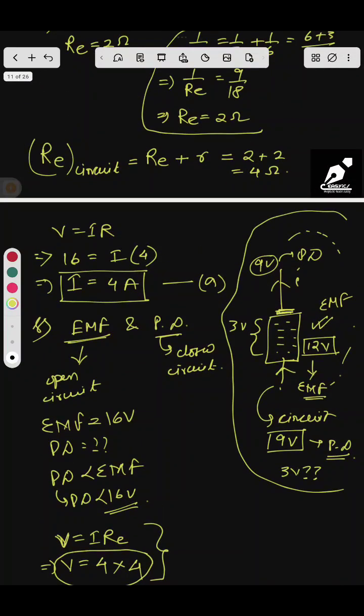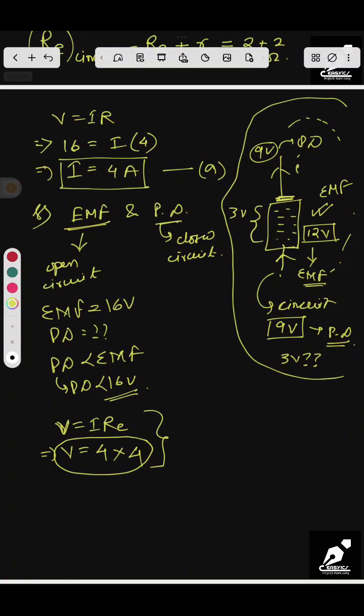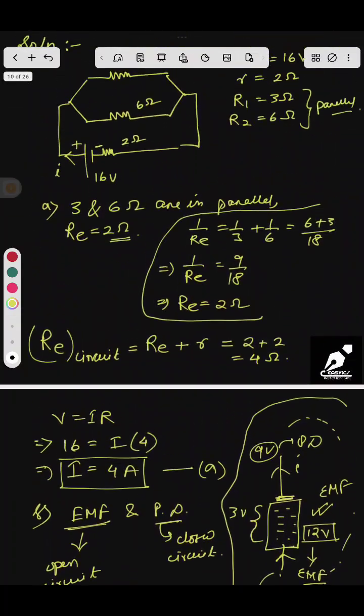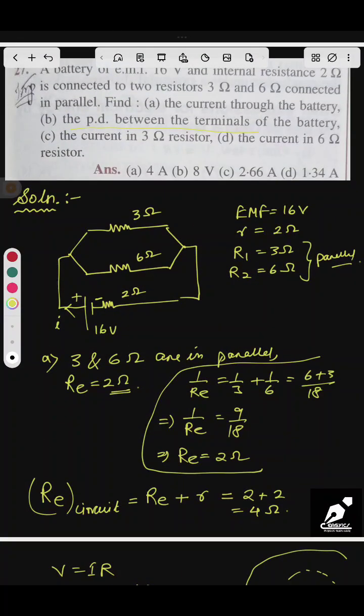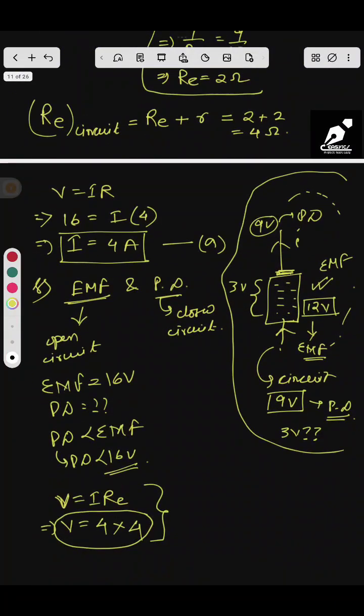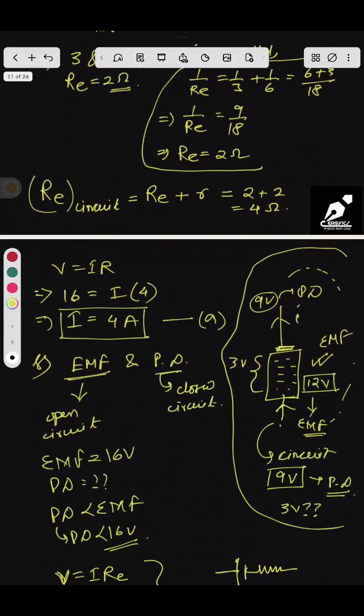You are going to calculate the potential difference of the battery. Find the potential difference between the terminals of the battery. We are going to calculate the potential difference just between the terminals of the battery. And this is your battery. EMF is equal to 16 volt and the internal resistance, I guess, is given as 2.